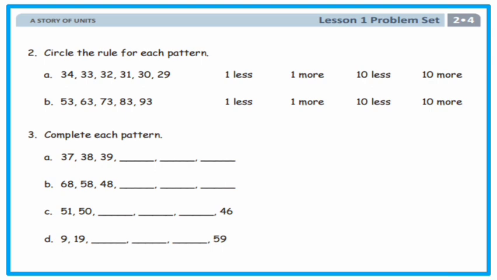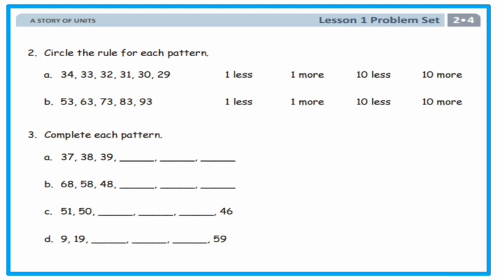37, 38, 39, 68, 58, 48 is descending. 51, 50 is descending also. 9, 19 is ascending. When I say ascending, I mean the number is going up. It's increasing. And when I say descending, it's coming down.